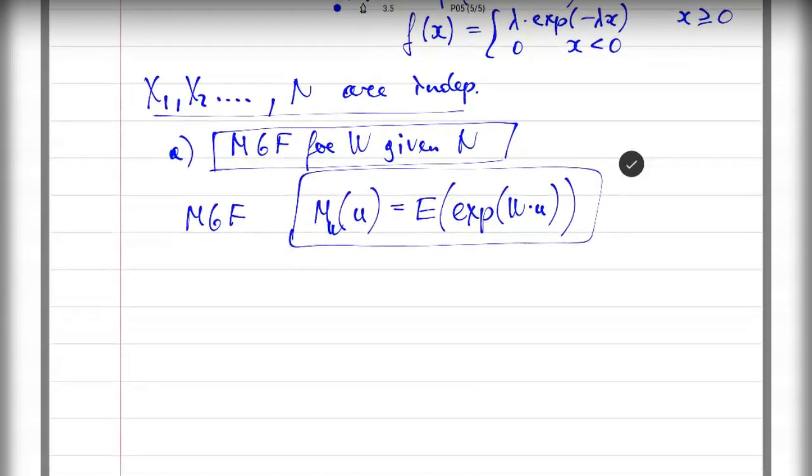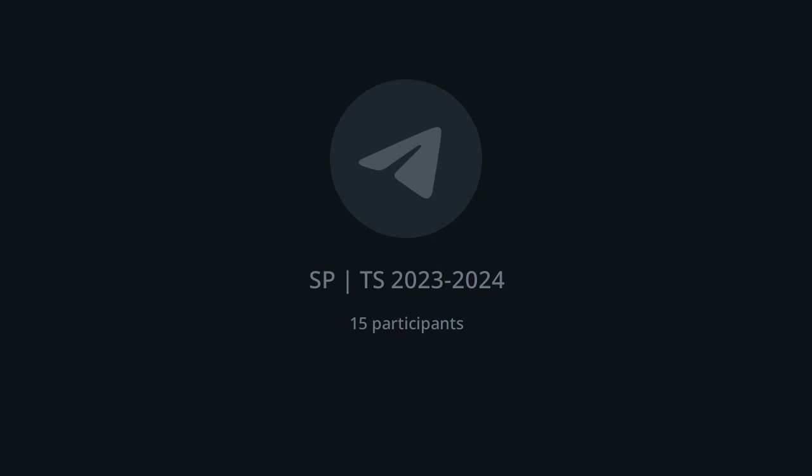And when we speak about the conditional moment generating function, we fix something. We fix the number of terms. So let's remove randomness from the number of terms. Let's say that n is not distributed according to the Poisson law, but we simplify the problem.